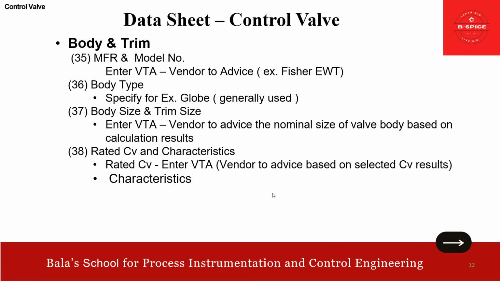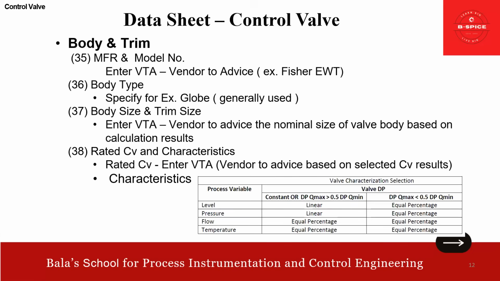For characteristics, there are some criteria followed by different vendors and some based on the end users. I'm going to explain some very easy criteria for the selection of valve characteristics. For example, you see the table here. These are the process variables: level, pressure, flow, temperature.